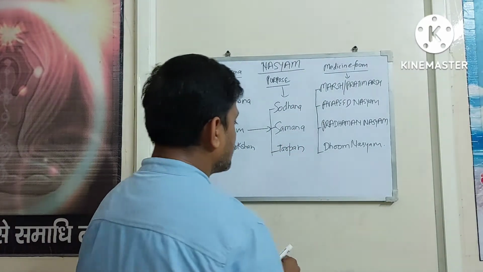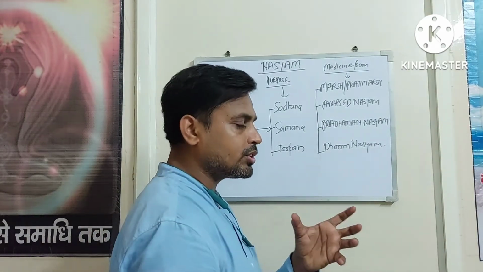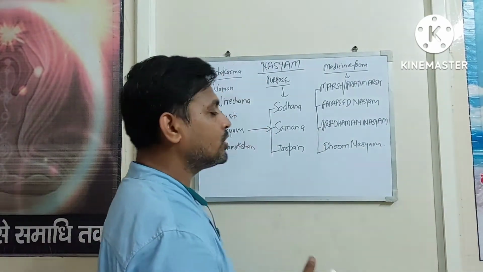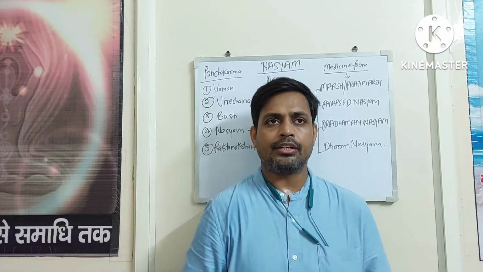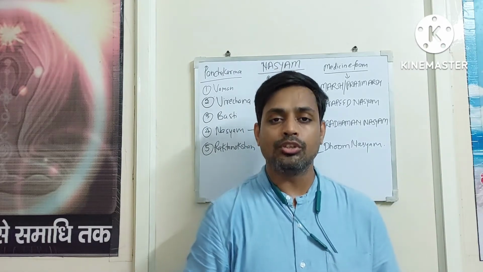Similarly, the third variety of Nasyam is used for Tarpana, the nourishment purpose. It is used in various disorders like muscular dystrophy and tissue degeneration, brain tissue degeneration, Alzheimer's, Parkinson's.